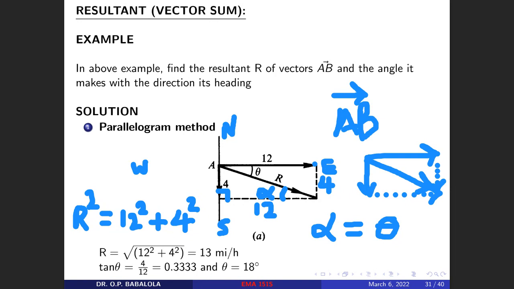Someone is asking, how did I get 30 miles? Okay, please do your calculation. 12 squared is 144 plus 16. Take the square root of it. Have you found it?